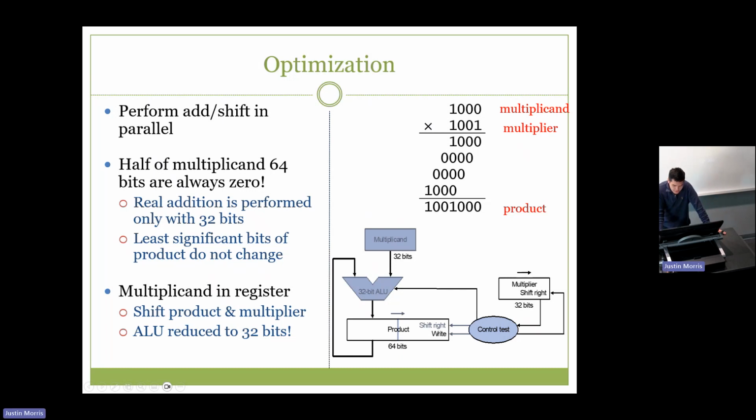So we're always adding to the upper bits of the product register, and we keep shifting the lower bits to the right because we're no longer working with those lower bits. Like for this first one, after we add it to the product register, we're never touching this bit again, right? There's nothing that's going to be added to it. So that's why it's shifting to the right.